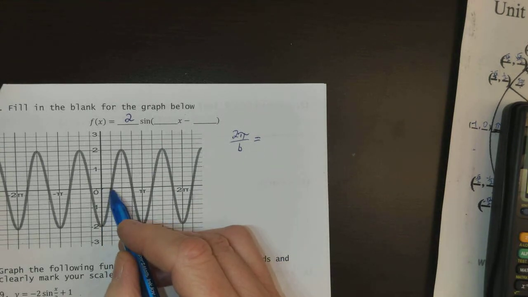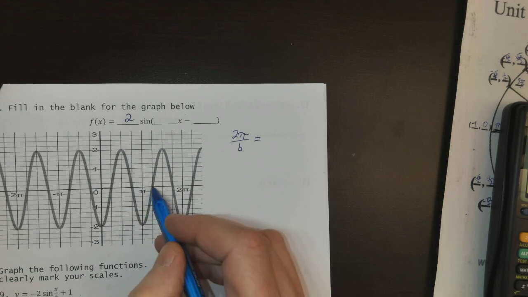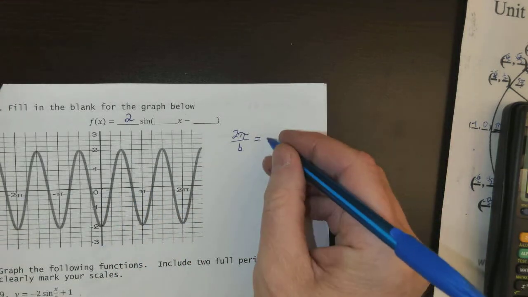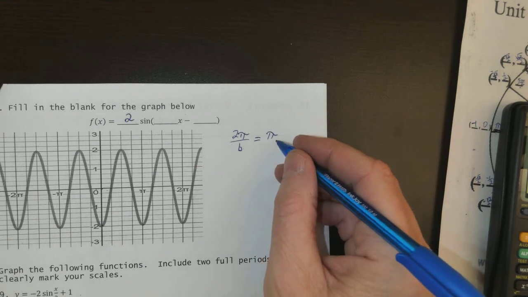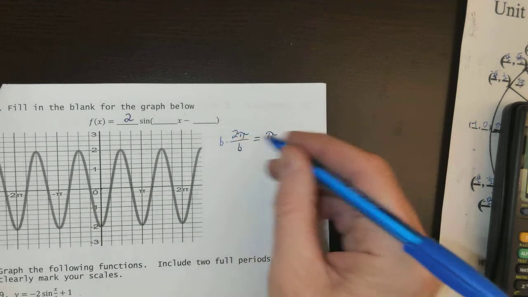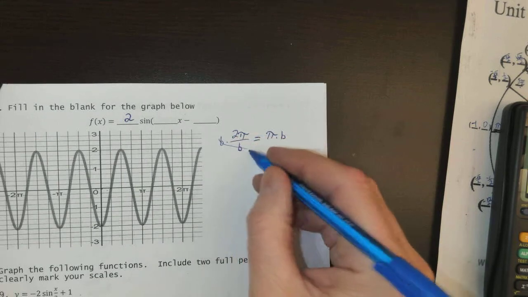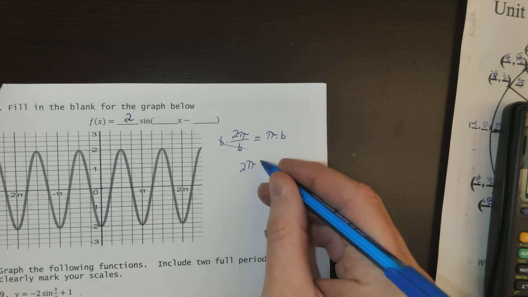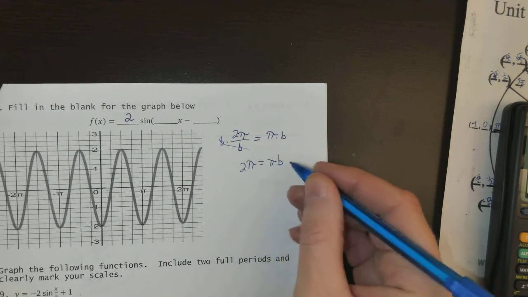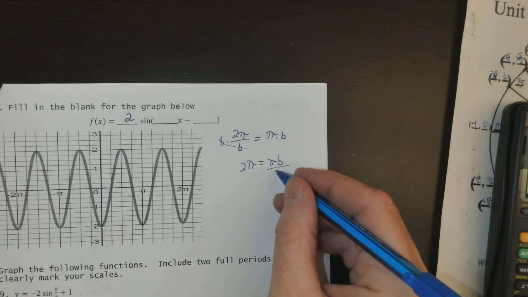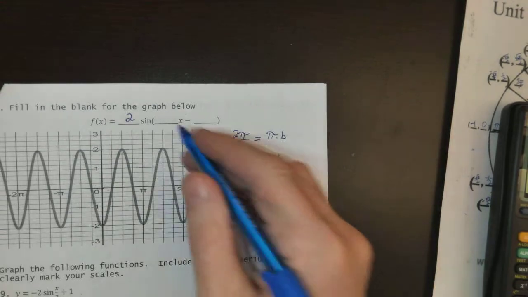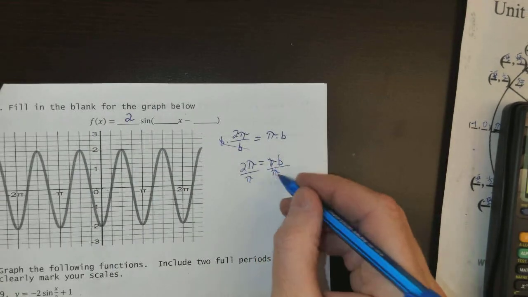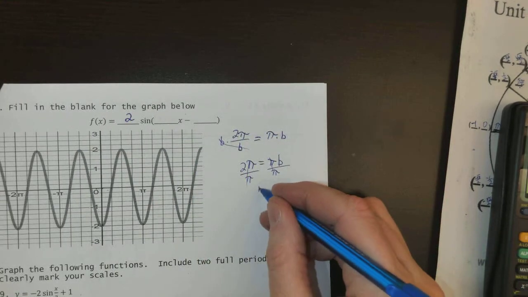Or you can go from here to here. That's harder to see, but that would be pi units also. So, if I multiply both sides by b, I get 2 pi equals pi b, and I divide by pi because I'm wanting to know what b is, so I can put it in that blank right there. So I'm dividing both sides by pi, and I'm getting b equals 2.